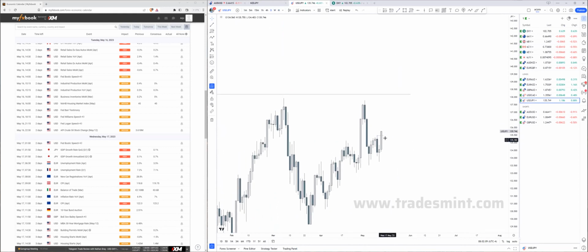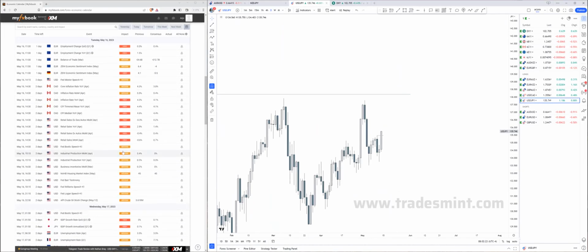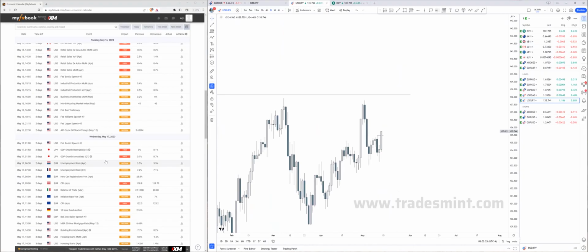So if we create a fair value gap on Monday, then we have an order block with a fair value gap on Tuesday. When is the volatility coming into the market for the US dollar or the yen? US dollar on Tuesday, yen on Wednesday. Tuesday and Wednesday will likely be great days for the US dollar yen.